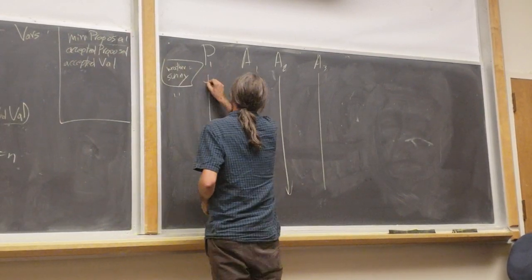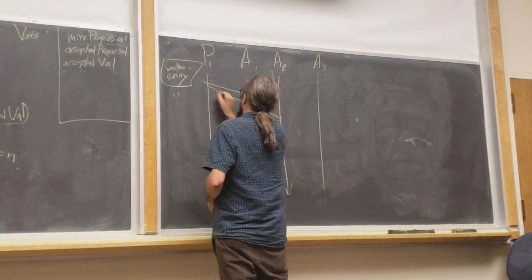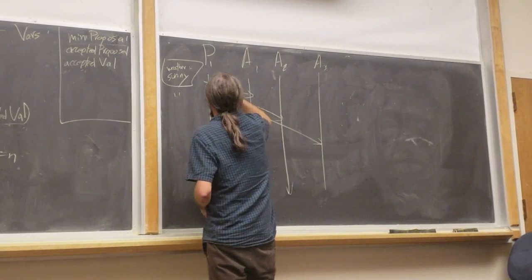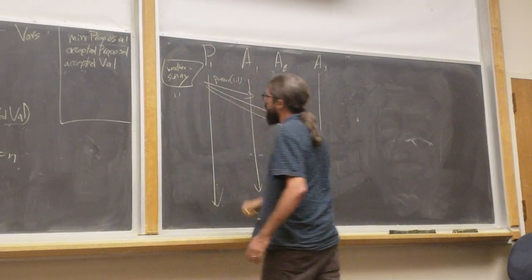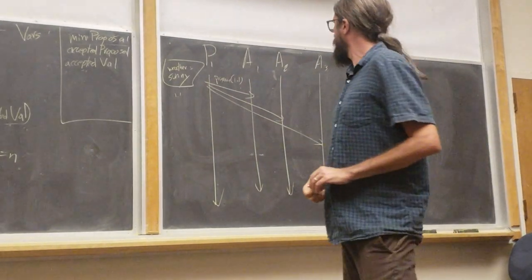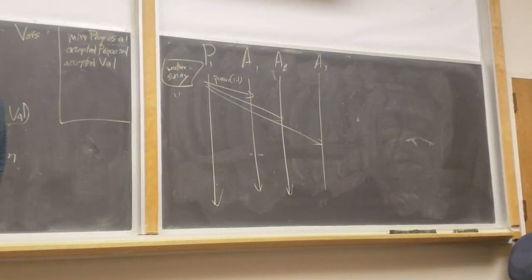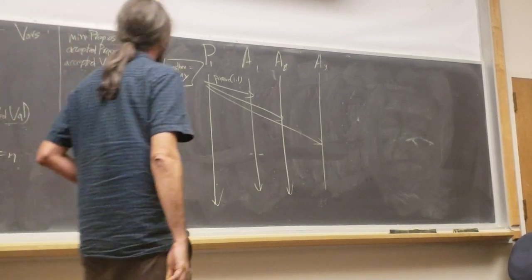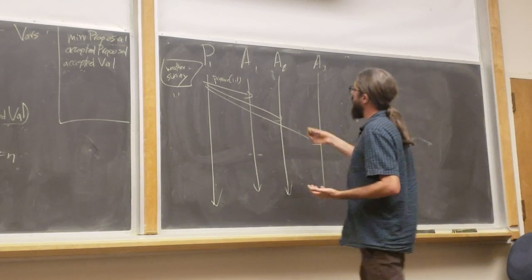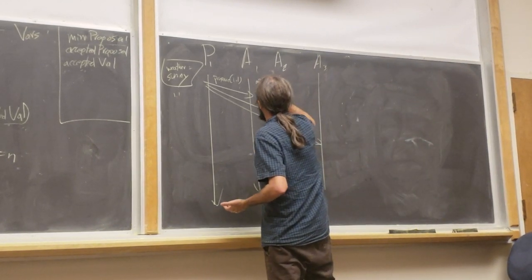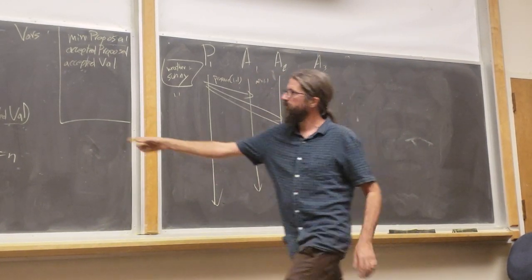And I'm going to broadcast a prepare message to all of the acceptors that looks like this. Prepare 1.1. What do the acceptors do? Well, they check their min proposal, it's 0. 1.1 is indeed greater than 0. So they all set their min proposal to 1.1, right?